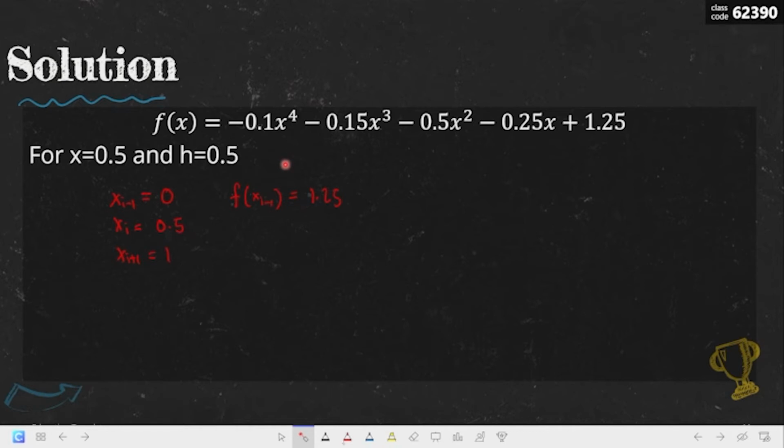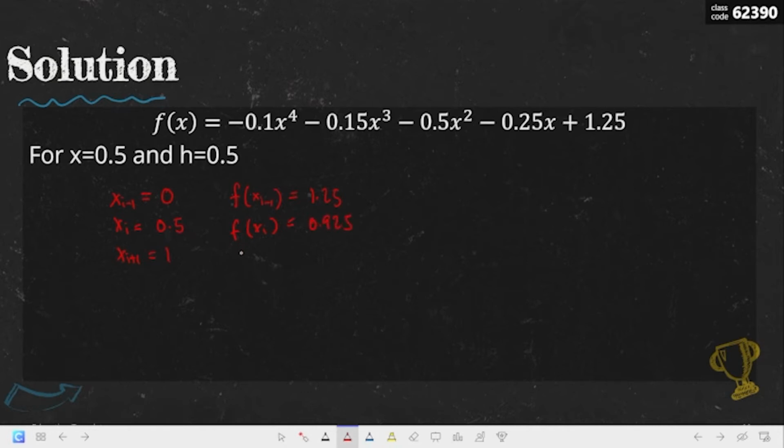Next, our f of xi, where xi is equal to 0.5, so we'll replace x to the fourth with 0.5 to the fourth, x cubed with 0.5 cubed, and 0.5 squared, and 0.5. Using a calculator, we'll get a value of 0.925.